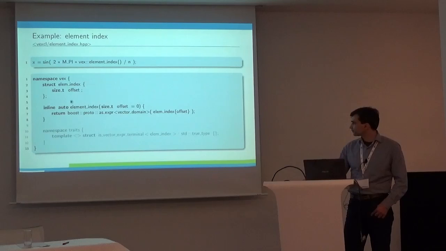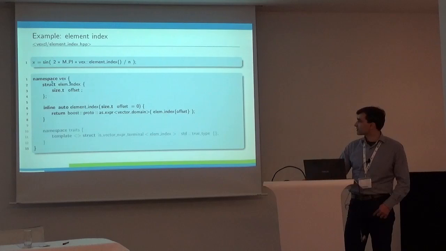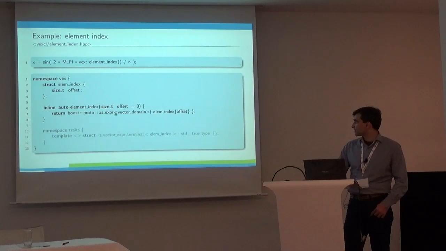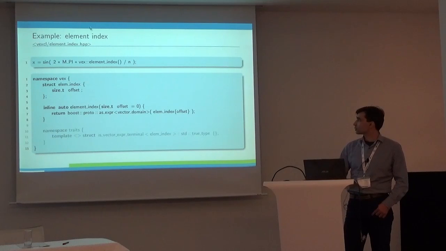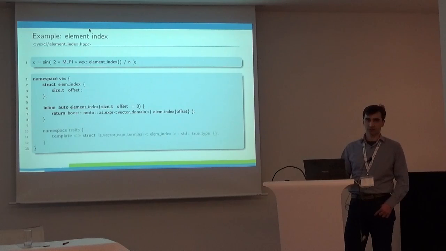And here's this helper function that just infects this struct with a Boost Proto framework. So it just takes an offset and returns an element index, this struct with this offset, and it tells VexCL that this expression will be part of a vector domain. So you will only have to be able to mix these terminals with other vector expressions, but not with, for example, multi-vector expressions that are also part of VexCL.